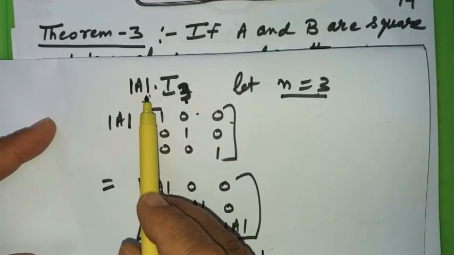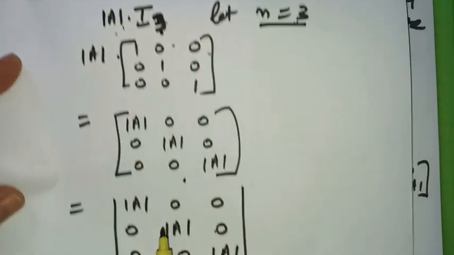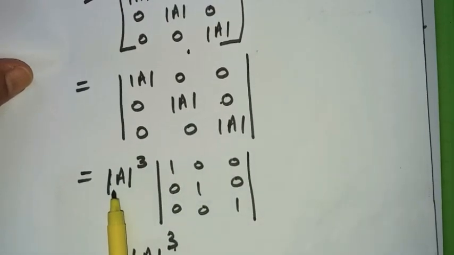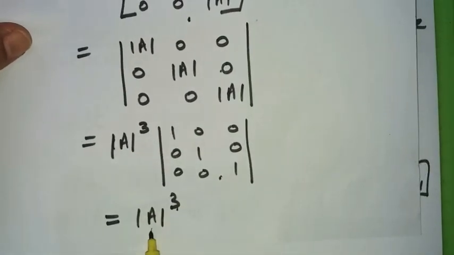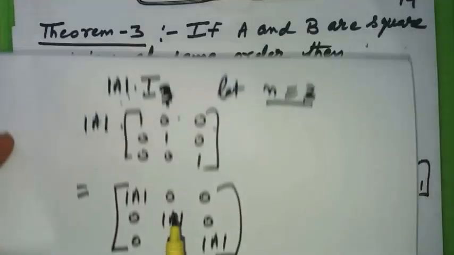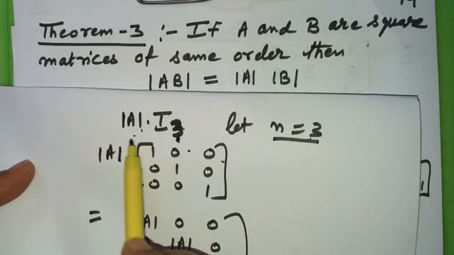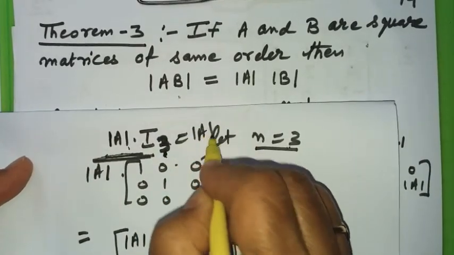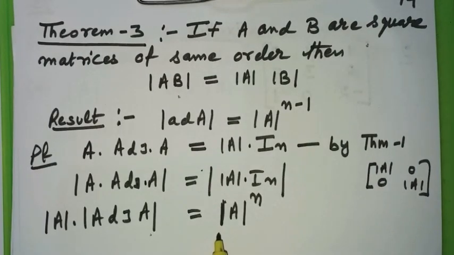If first you multiply determinant A with a third order identity matrix, you get this matrix, you take its determinant common from all the 3 rows, and this determinant has the value 1. So you get determinant A raised to the power 3. So whatever is the order of the identity matrix, this will give you the same result as determinant of A raised to the power of that number. So the same result we used here.